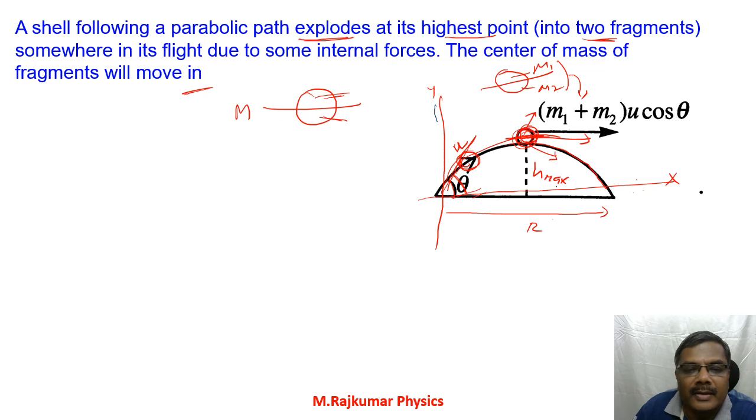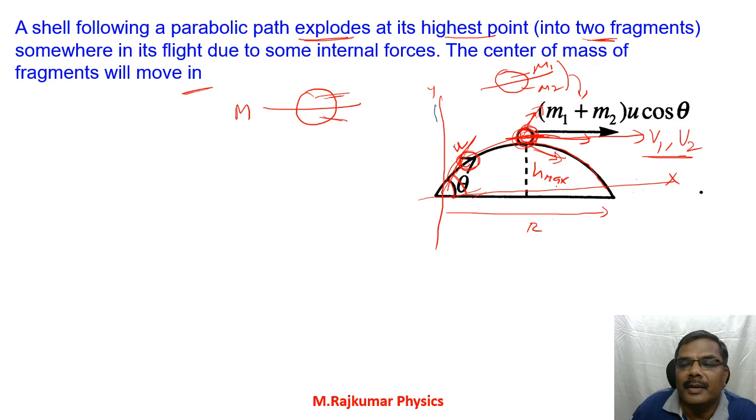After the explosion, the bigger mass can go up and the smaller mass can come down, or both can travel together. So different options are there for the final velocity of the first mass and of the second mass, v1 and v2.